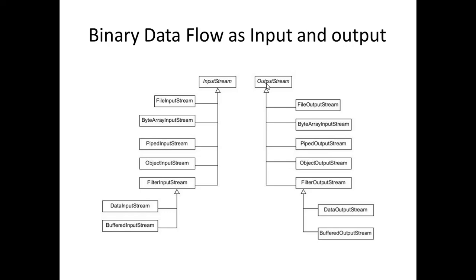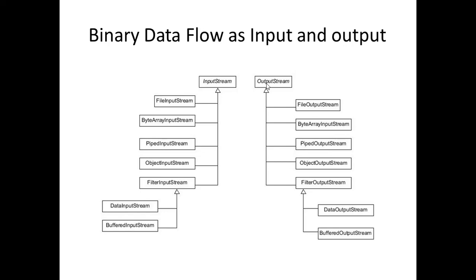For binary data flow as input and output, you have InputStream as the abstract class, and you have any number of subclasses. Everywhere you will find that the last word is InputStream and the beginning word conveys the kind of source from which you are trying to read the data.